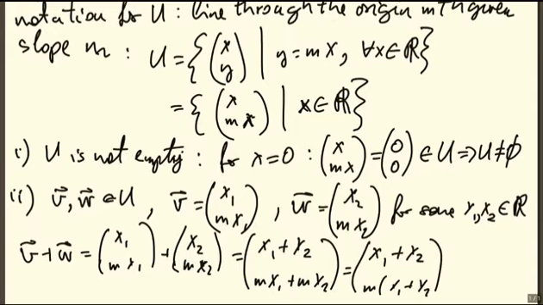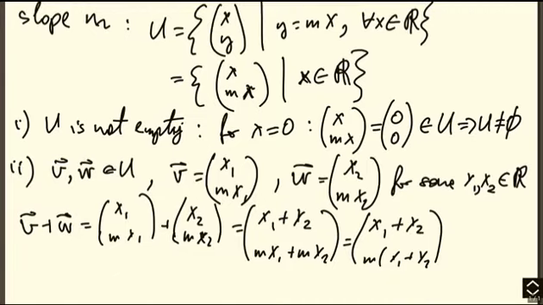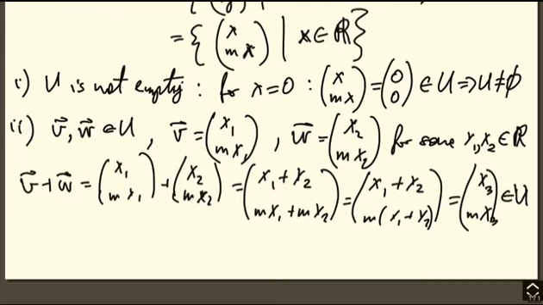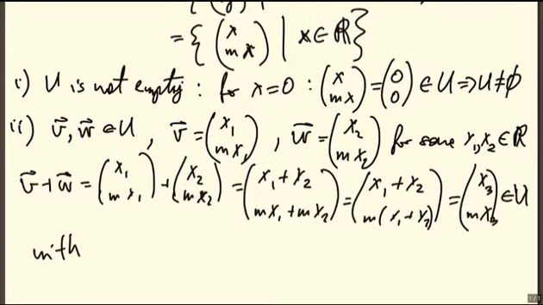Then we see that we have x1 plus x2 both in the first component and in the second component. So if we use a different notation, for example x3, then this has the form (x3, mx3), which is in the set U according to the definition of U, with the value x3, which is x2 plus x1, and it's a real number.